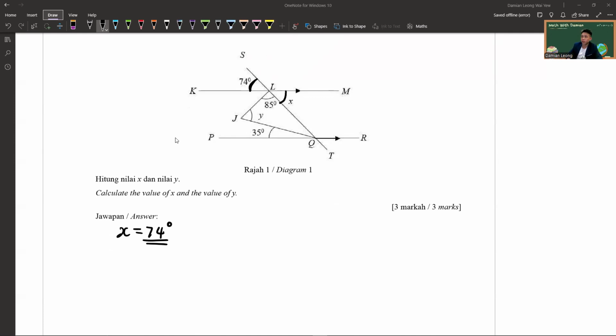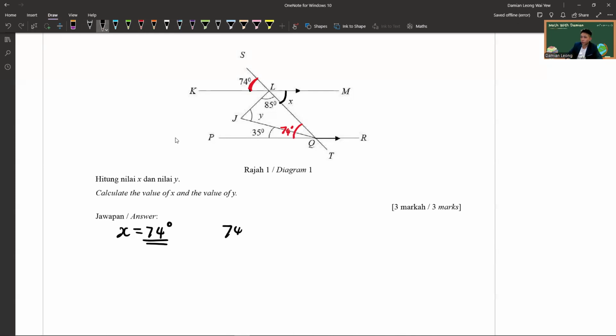Then the value of y. For y, I need to use parallel line angles. If here is 74, then here would also be 74 degrees because of corresponding angles.